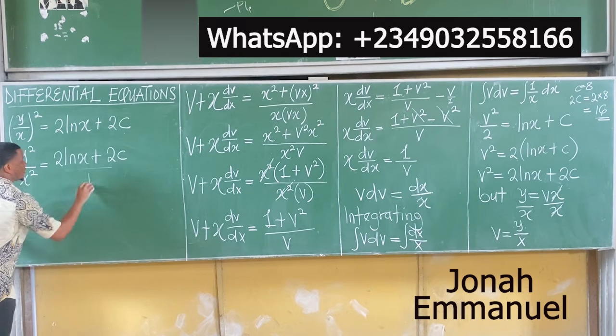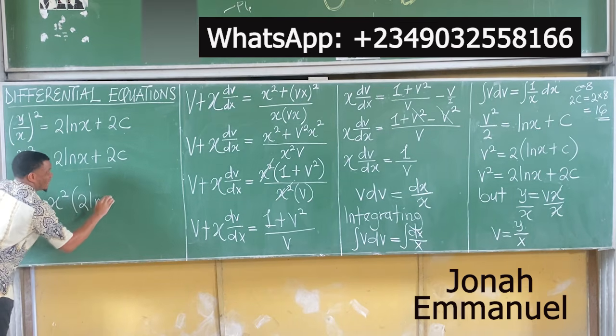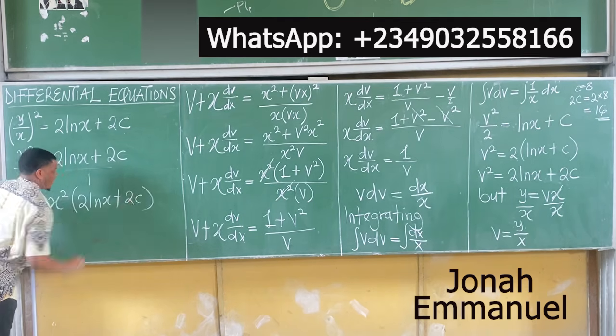From here, look up, please. This is all over 1. Of course, 1 times y squared gives you y squared, equal to x squared into 2 ln x plus 2c.